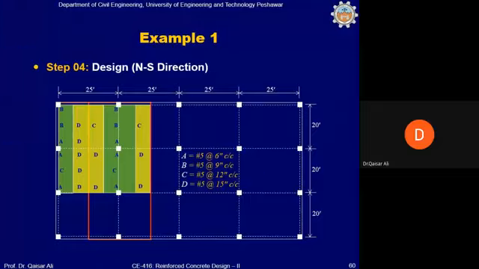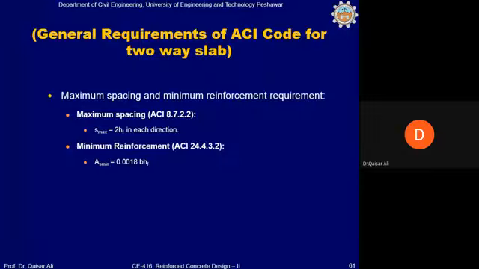Same kind of exercise can be repeated along the north-south direction. Once this is done, there are some recommendations of the ACI code for two-way slabs. The maximum spacing and minimum reinforcement criteria according to the code is such that maximum spacing shall not exceed twice the thickness of the slab.